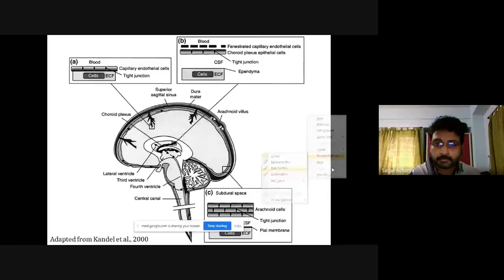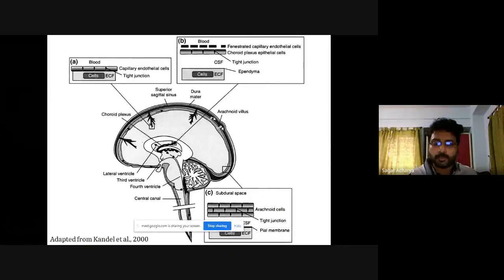Now, when we are talking about the blood-brain barrier, it is mainly concentrated in the cerebral hemisphere, the frontal brain. Here only you can find the blood-brain barrier in this region.